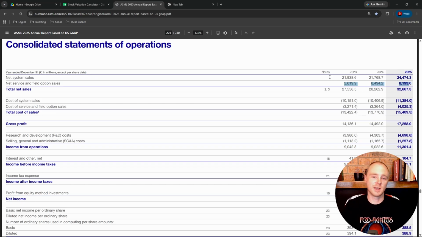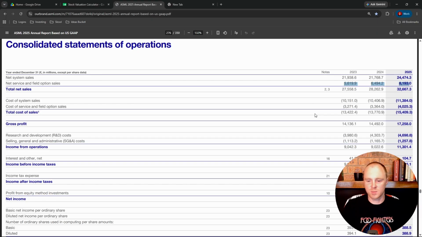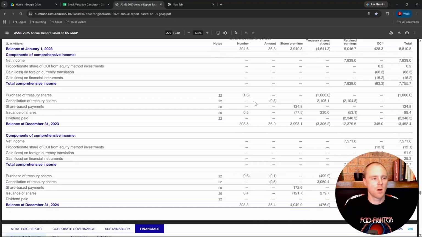So they've got the machines in the hands of their customers. And now they're growing that service stream of the business, because it looks like when you've got that kind of highly specialized skill sets and knowledge, it pays to be able to look after that equipment and service it appropriately, especially when you're paying large sums of money on them. So let's go and have a look at the cash flow statement.